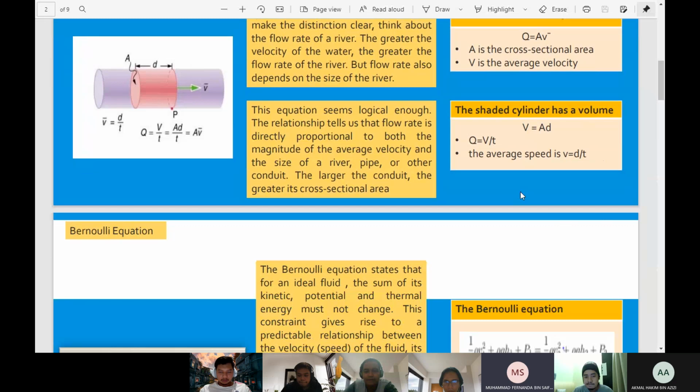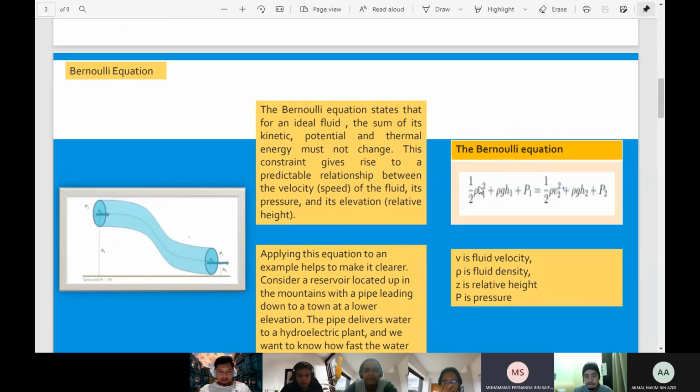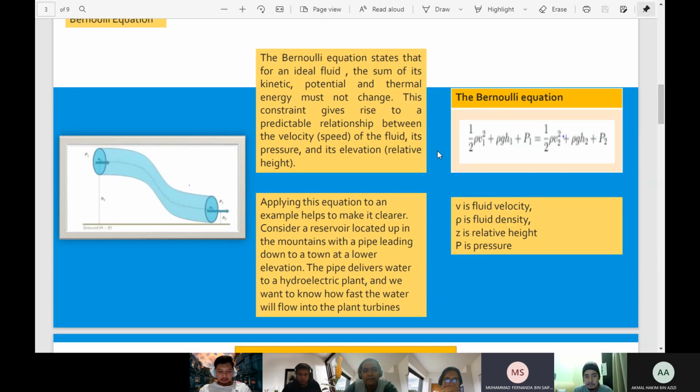Okay, next. I will explain about the Bernoulli equation. The Bernoulli equation states that for an ideal fluid, the sum of its kinetic, potential and thermal energy must not change. This constraint gives rise to a predictable relationship between the velocity of the fluid, its pressure, and its elevation.